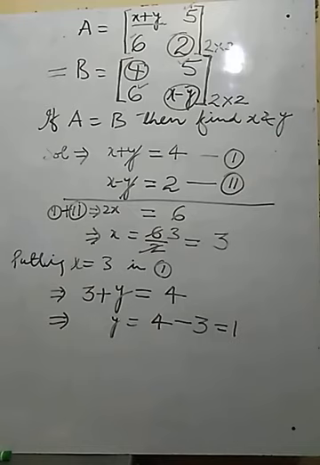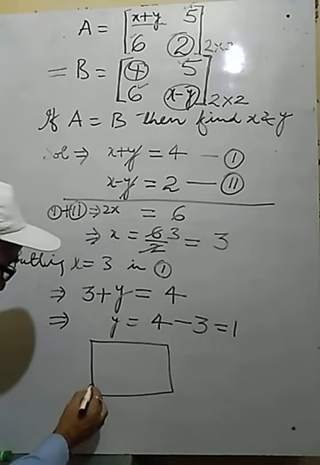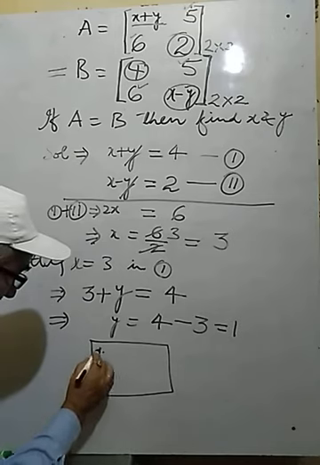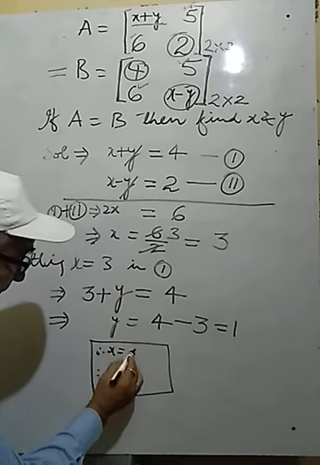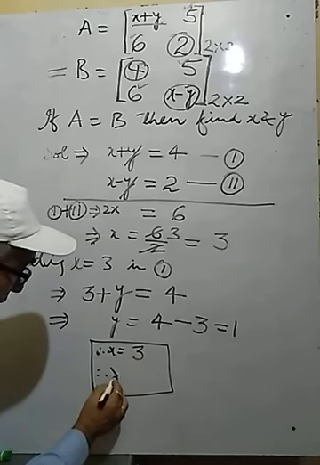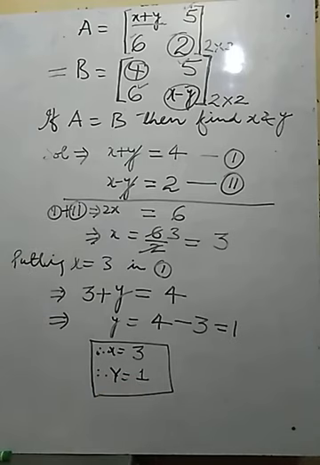In this way, we have calculated the value of x and the value of y. x equals 3 and the value of y is calculated, that is equal to 1. In this way, by applying this, we can solve any type of question. Sometimes direct comparison is there.